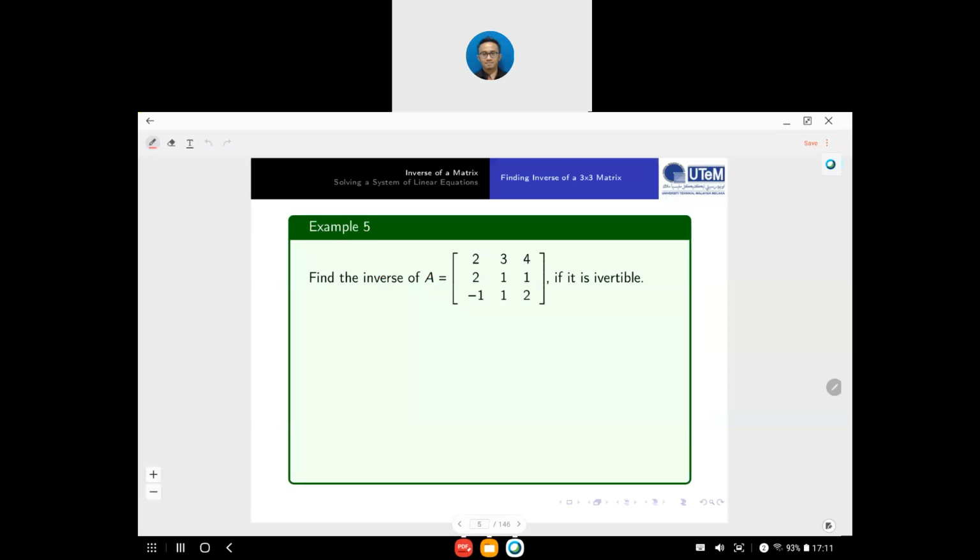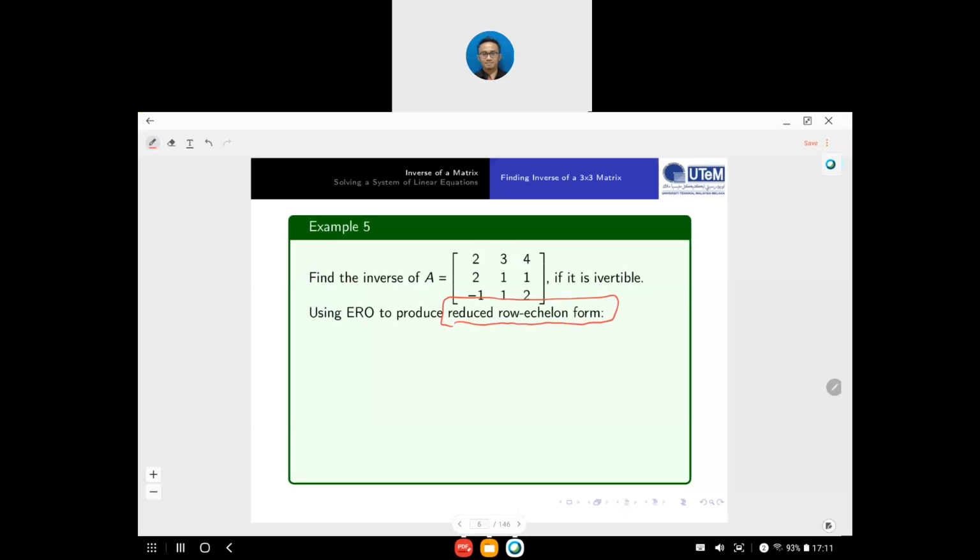You want to find the inverse of matrix A. Let's say you have matrix A: 2 3 4, 2 1 1, negative 1 1 2. If it is invertible, then use ERO to produce reduced row echelon form. What is reduced row echelon form?